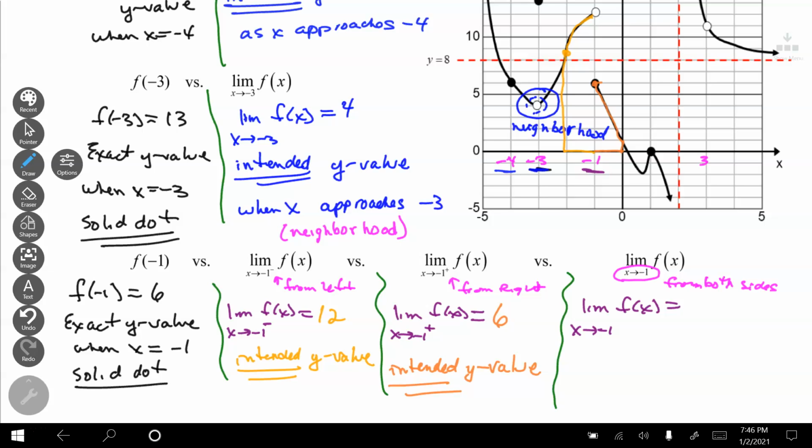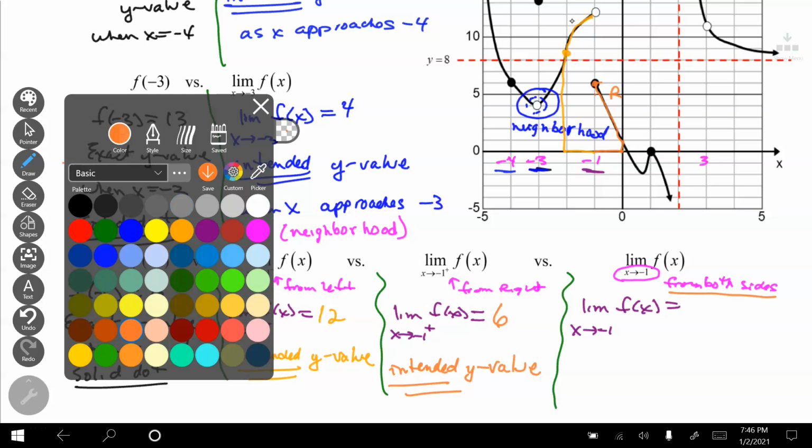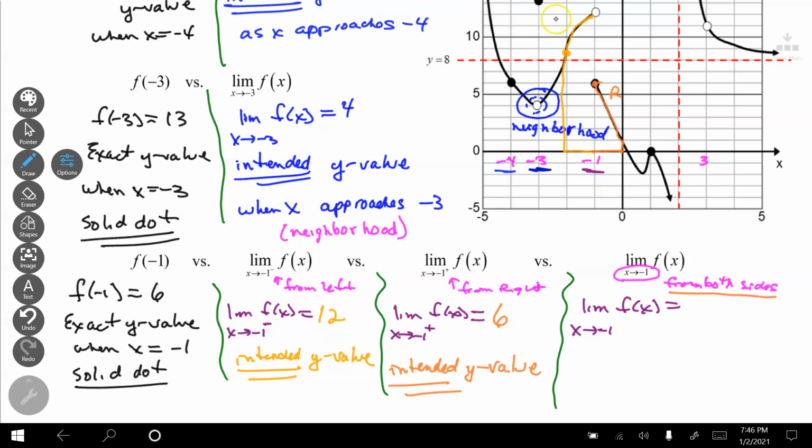And then finally, it's asking from both sides. So this is where I have to put both fingers on this graph. Obviously, I can't do this on a video, but the idea is that I'm looking at the left side and the right side. Here's my right side, here's my left side, and let's say my left finger and my right finger are not meeting together.